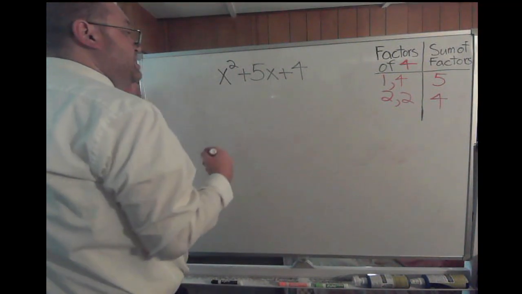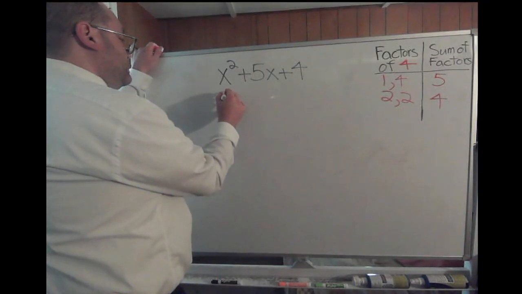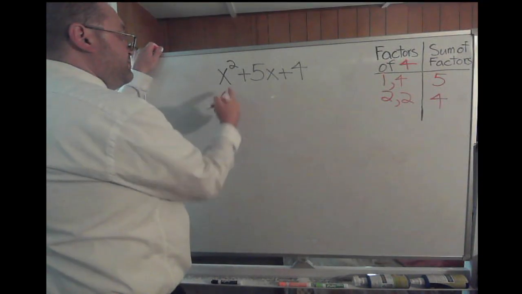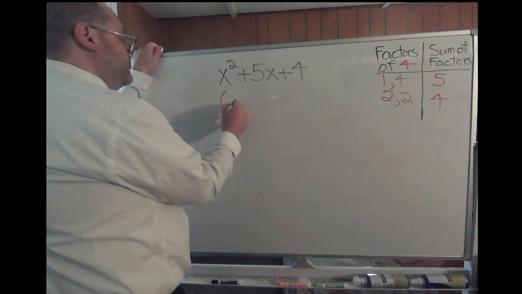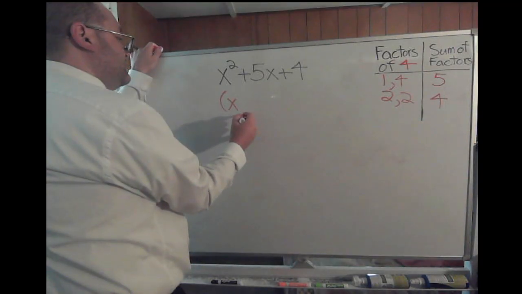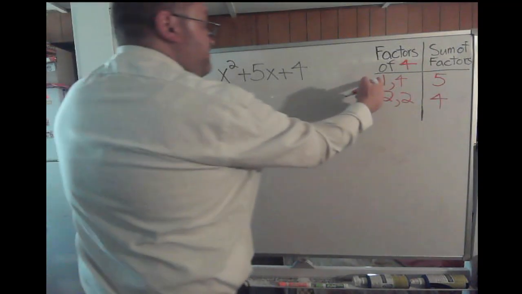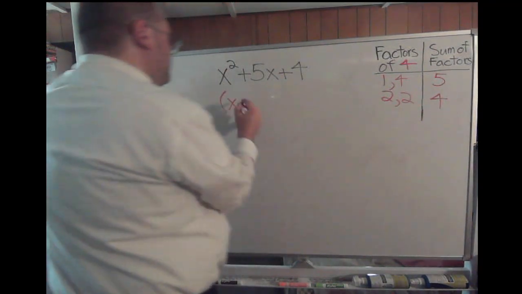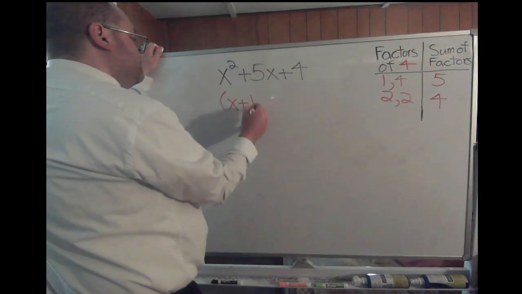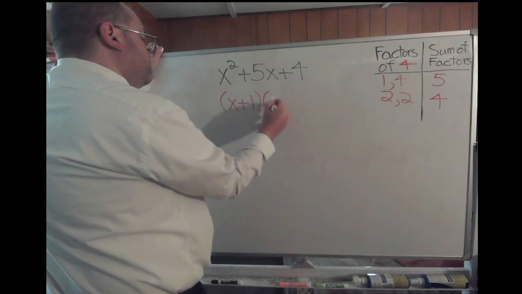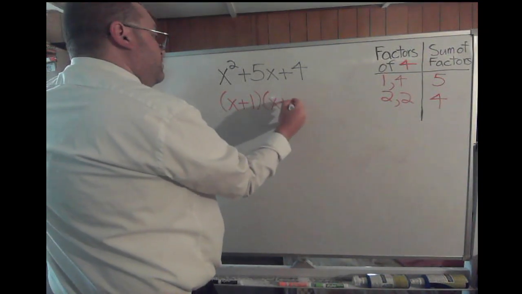Since your coefficient's 1 for your x² term, you're just going to take x. Then you have your factors of 1 and 4 that add up to 5, so you'll have x + 1 times the quantity of x + 4.